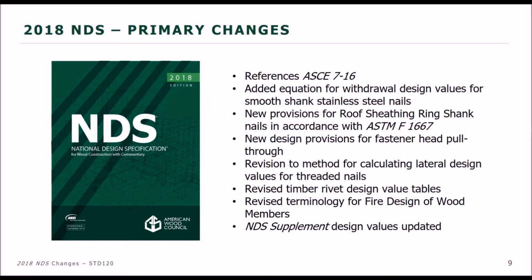New design provisions for roof sheathing fastener head pull through, and then methods for calculating lateral design values for threaded nails, and revised timber rivet design values in the tables, and some revised terminology related to fire design for wood members. And then lastly, the NDS supplement design value updates. So that gives you a little bit of an overview of this.